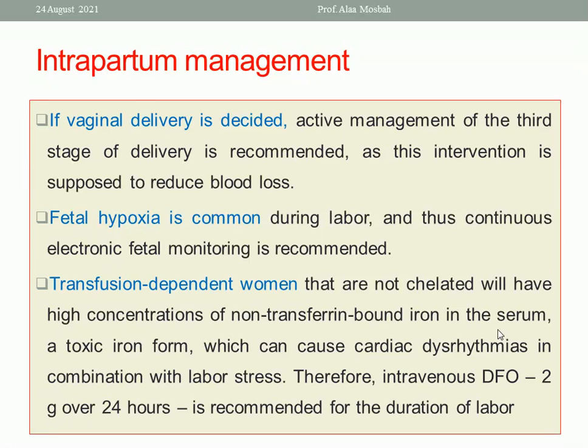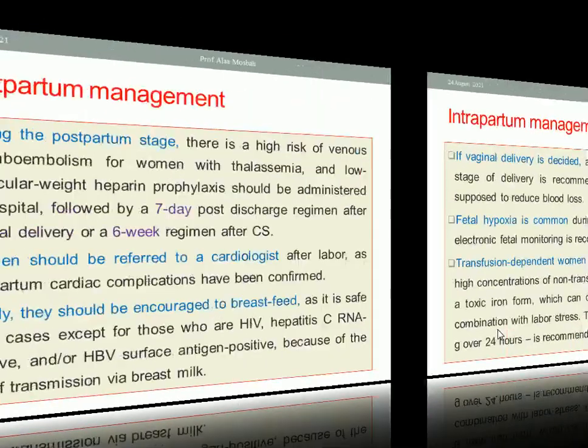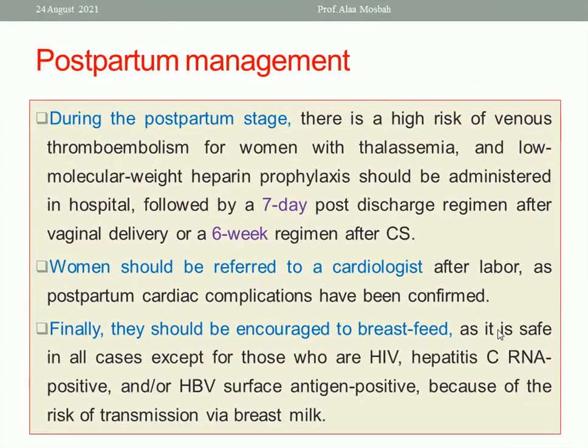Therefore, intravenous deferoxamine 2 gram over 24 hours is recommended for the duration of labor to avoid this cardiac dysrhythmia. What about postpartum management? There is a high risk of venous thromboembolism for women with thalassemia.